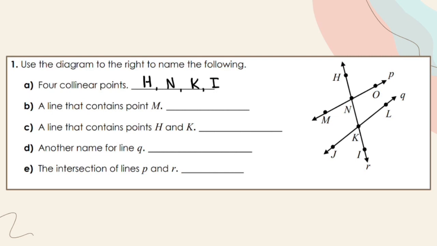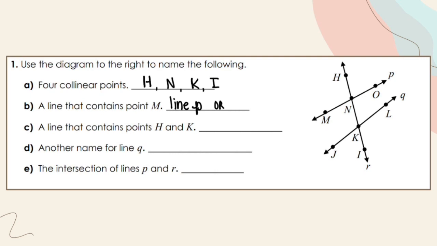A line that contains point M. So point M is here. So we need this line. We can name this several things. We can call it line P. We can call it line MO, MN, NO, any combination. So I'm going to put a few of those options here. We could call it line P. That has to be a cursive little p.